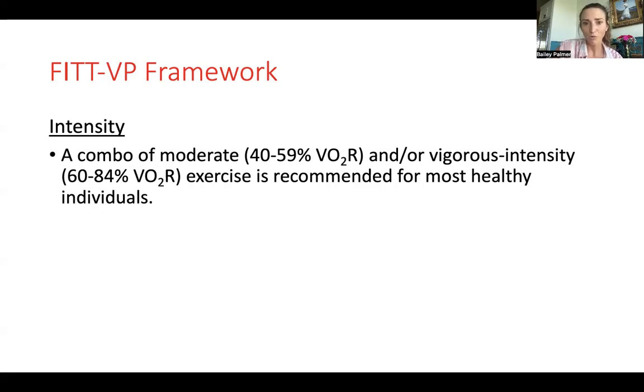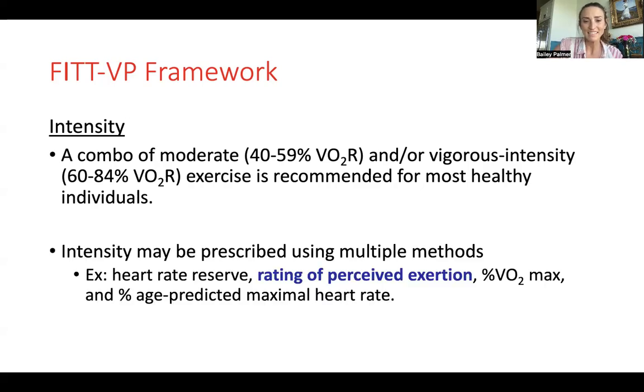This is recommended for our healthy adults, healthy individuals. So we're like, okay, what is VO2R and how do I even know if I'm there? Other ways we can prescribe intensity are heart rate reserve, age predicted max heart rate, percent VO2 max, and then one of my favorites is rating of perceived exertion.